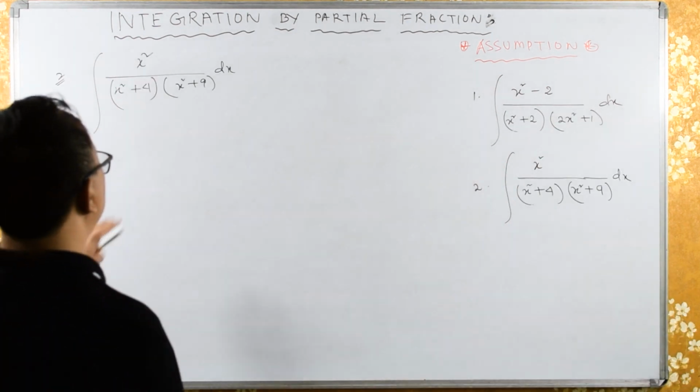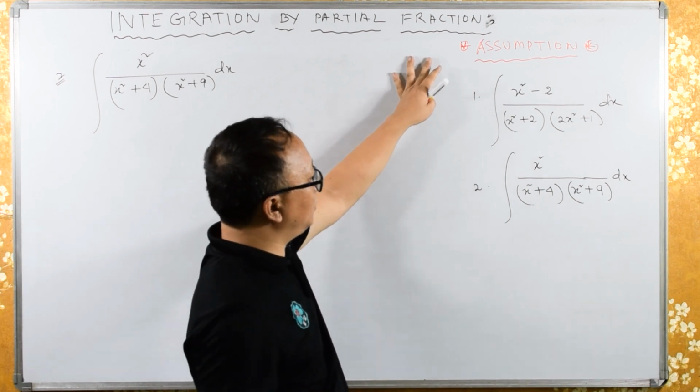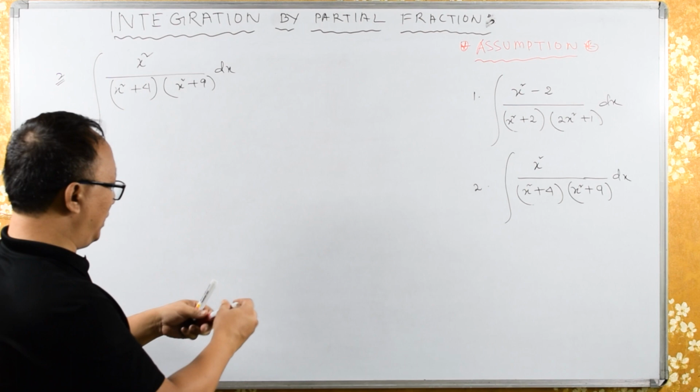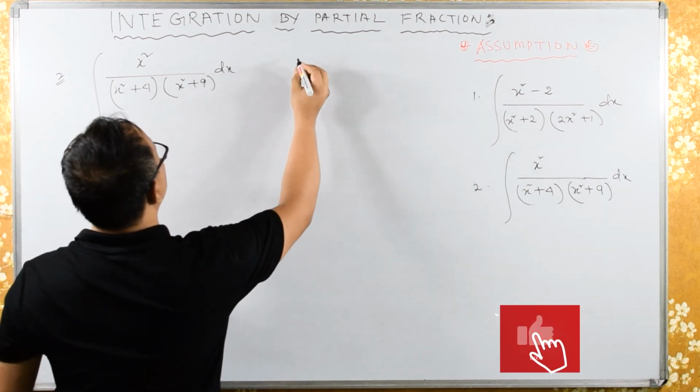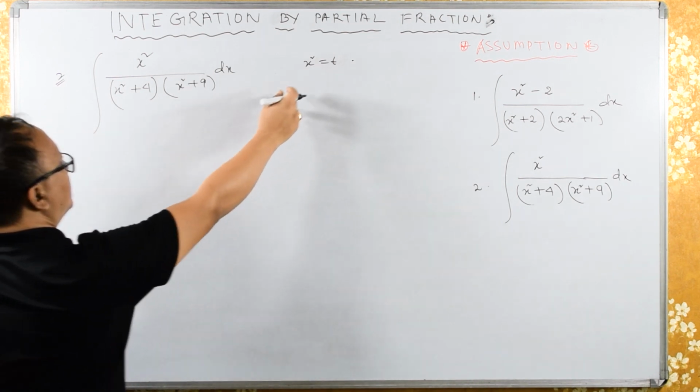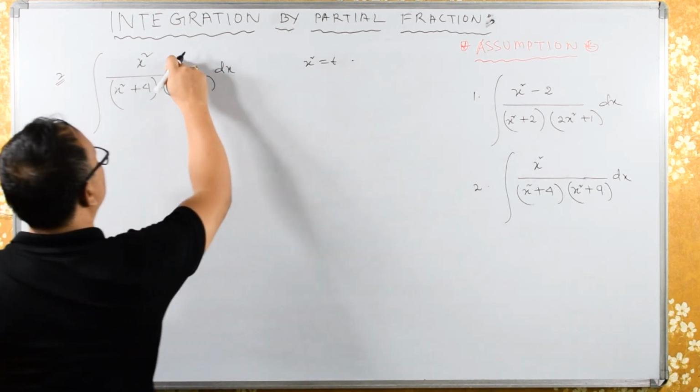Now similarly over here, we have x square, so we need to assume x square equals t for the time being. Do not differentiate this with respect to x because we don't have x dx.